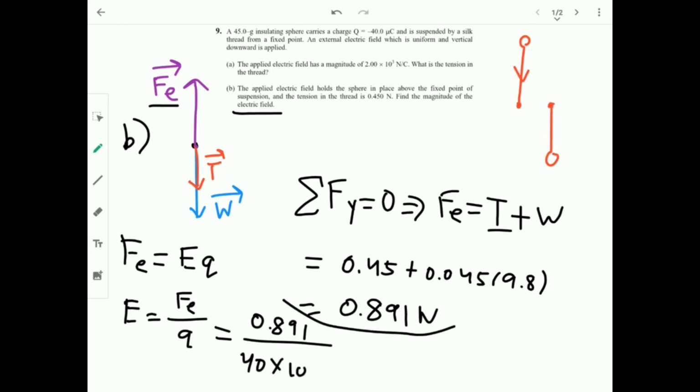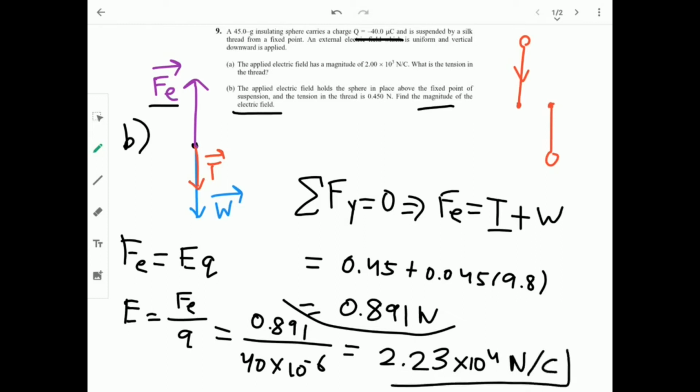You may be wondering why I'm not using minus 40. The minus just shows us the direction. Since they're asking us for the magnitude, the signs are all positive. And once we solve, we should get 2.23 times 10 to the power of 4. And since the unit of the electric field is Newton per Coulomb, you have to put Newton per Coulomb. And that's the magnitude of the electric field.